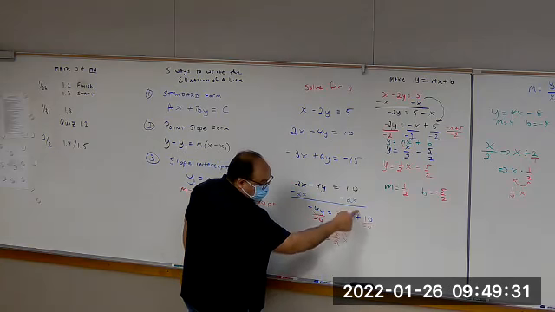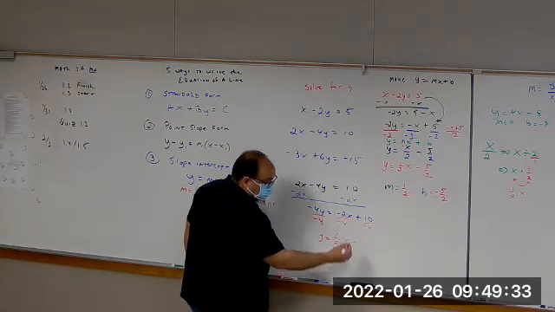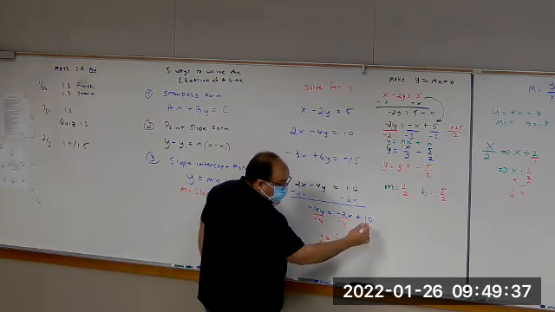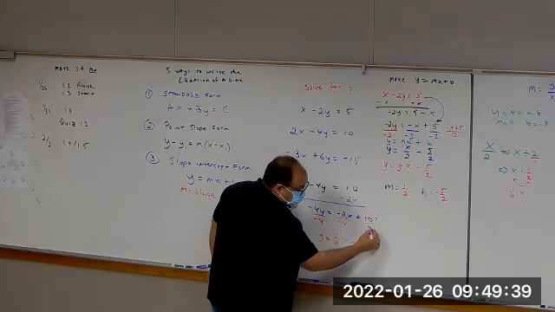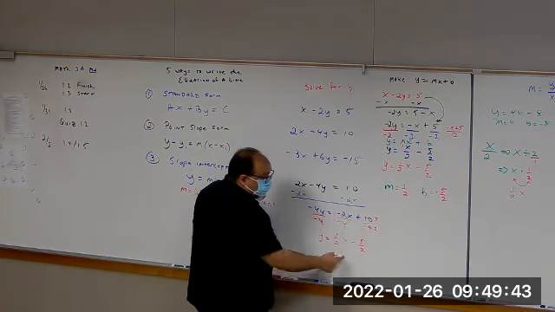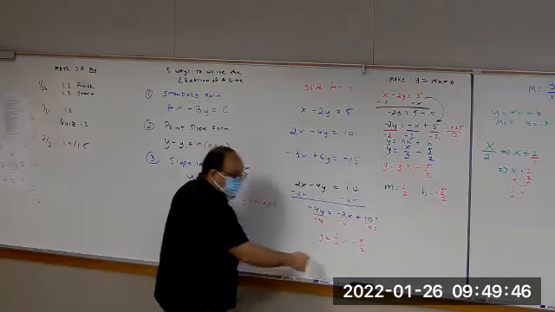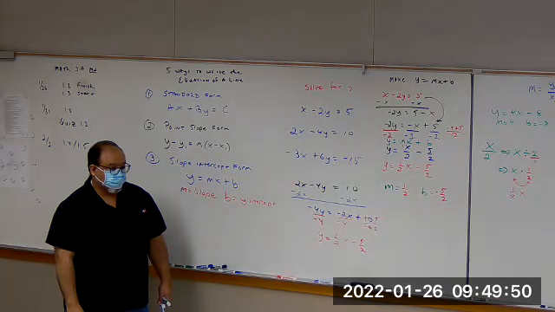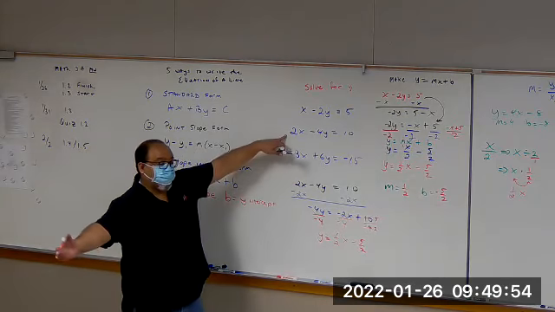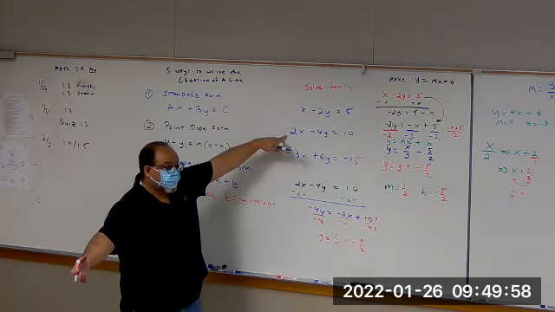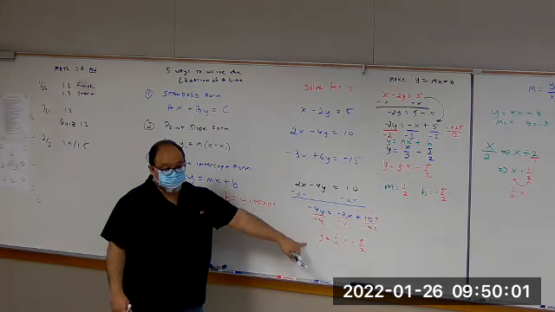A positive over a negative is a negative. 10 over 4, the common factor is a 2. 2 goes into 10 5 times, 2 goes into 4 twice. It's -5/2. The same equation as before. But that would be a correct answer if you hadn't put it in standard form. But if you have to write it in slope intercept form, there's only one final answer.